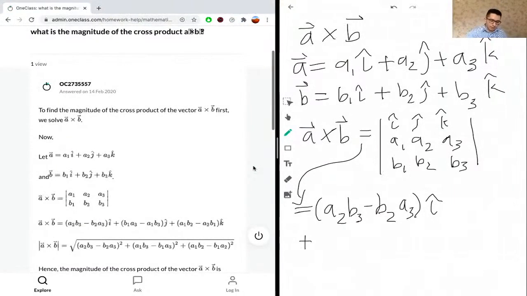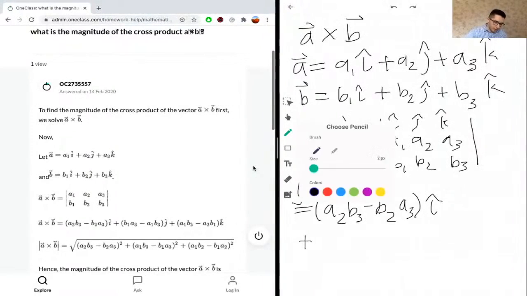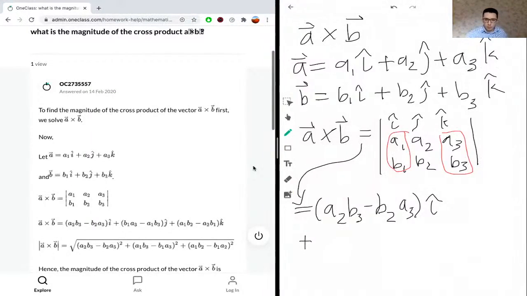So in the j case, we ignore the j column, and we're only going to look at this column and this column, which I'll highlight in red. And we do the cross. So A1 times B3 minus B1 times A3.